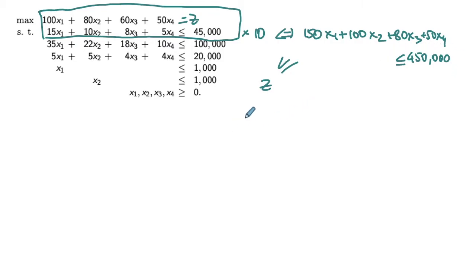So essentially we have z less than or equal to the left-hand side, less than or equal to 450,000. Anyway, from this single constraint, we can get the upper bound on what we'll have to pay for the acquisition. So z will be less than or equal to 450,000, and this is our upper bound, right?